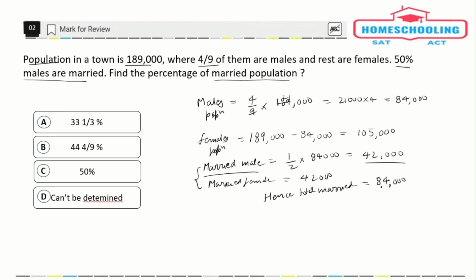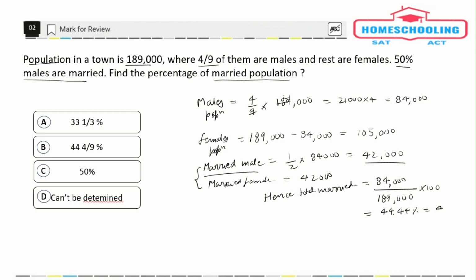We have to find the percentage of the married population. So the married population is 84,000, male and female, and the whole population is 189,000. So the percentage would be, let me find it on my calculator, 44.44%.